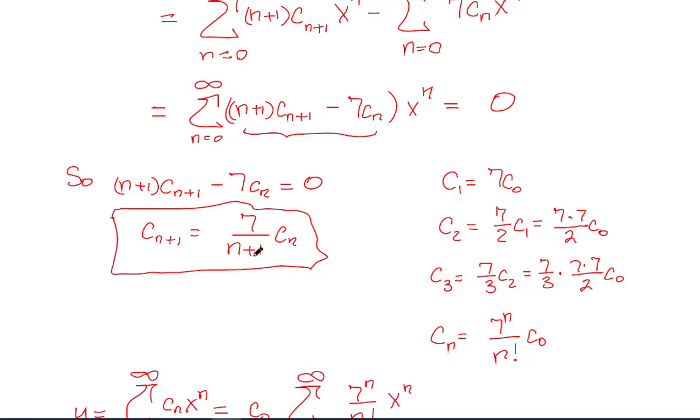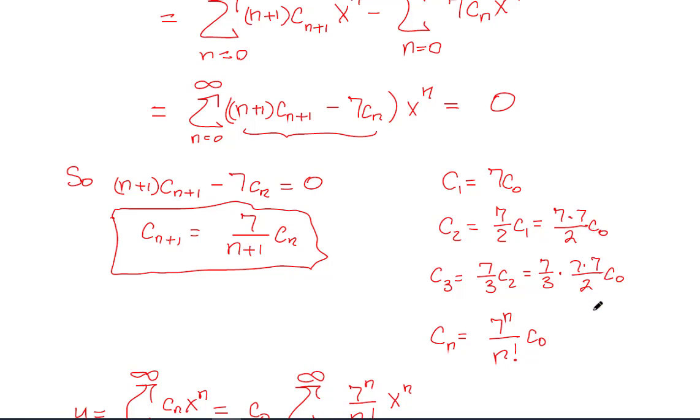And so I get a relationship between c sub n plus 1 and c sub n. So c1, meaning n is 0, I get c1 is 7c0. And so I keep stepping through this. What's c2? What's c3? But it's recursive in that it's defined in terms of the one previous to it.